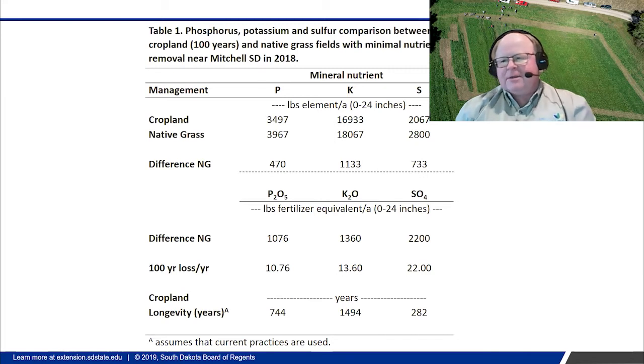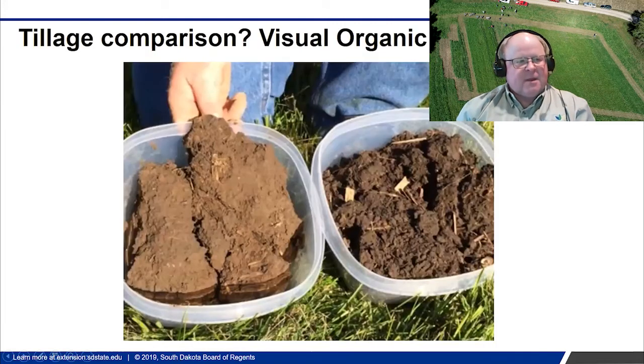And so world supplies, the easy, readily mineable phosphate sources in the world, are declining. And some estimates say that we only have about 200 years left. So if we consider that, that's going to speed up this number even more quickly, because that will change our phosphorus application patterns. So let's focus on organic matter.